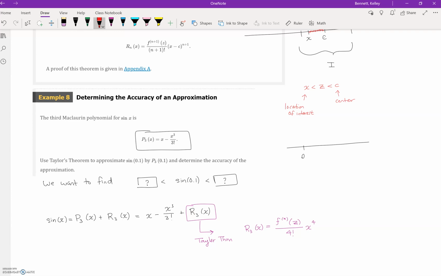This is c. And we're going to use it to approximate sine of 0.1. So we have 0.1 here, this is x. So z lives here. So 0 is less than z is less than 0.1.